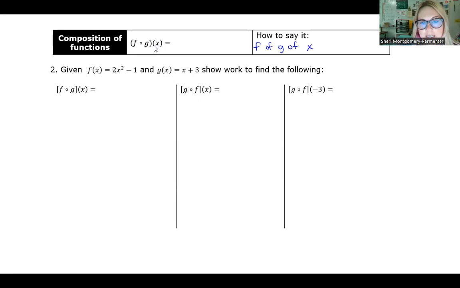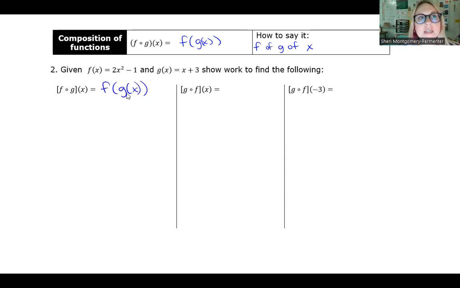And what that looks like is that you write the f and then the g of x will go inside. Looks like that. So this means that everywhere that we have an x, we're going to plug in g of x. So for this one, that looks like f of g of x.